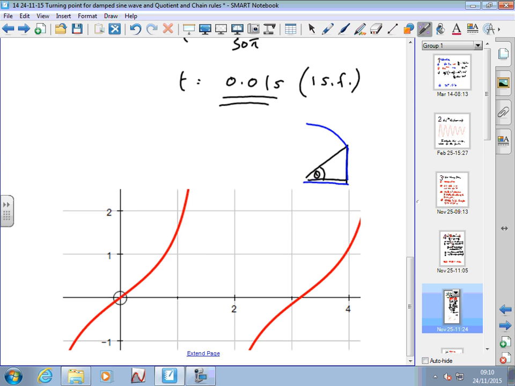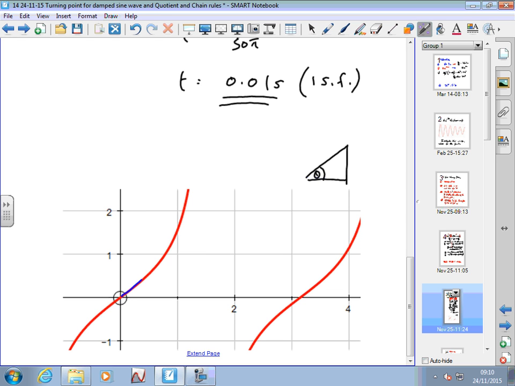So as this rotates around, the opposite is going to get bigger and bigger, and the adjacent is going to get smaller and smaller. This is going to approach 1 at the top, because the length of this vector is 1, and this is going to approach 0. So at 90 degrees, it's going to be 1 over 0, and anything over 0 is infinite.